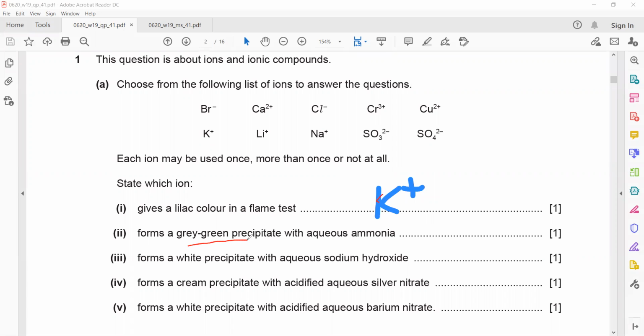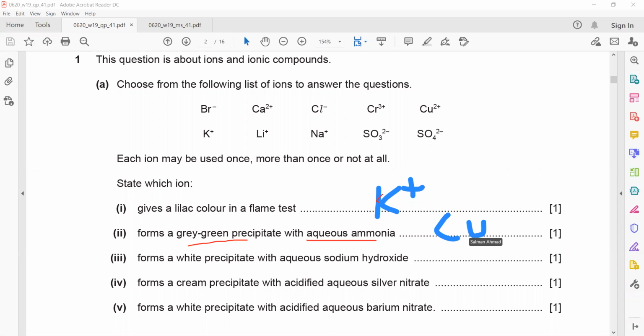Which forms a gray-green precipitate with aqueous ammonia? What's the answer for the second one?